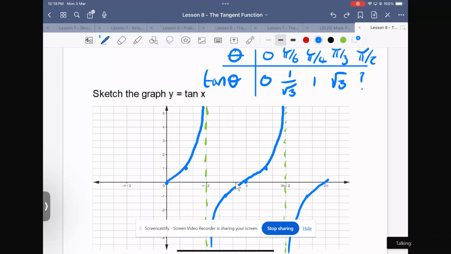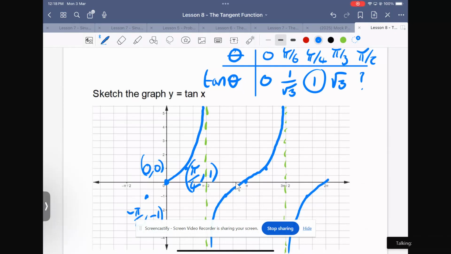So this is a useful point for us for reference, because this is where we have an exact value that we can really read off a graph nicely. This is pi over 4, 1. It's a very useful point. This point here is really useful to us, 0, 0. And this point here is useful to us. It's minus pi over 4, -1.